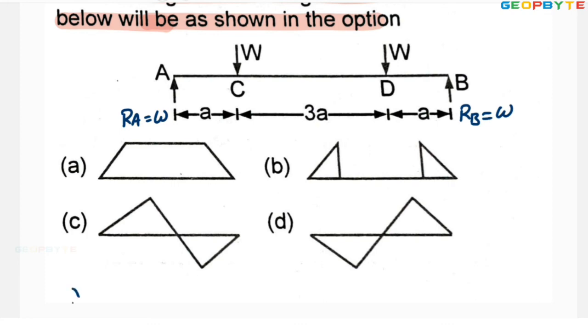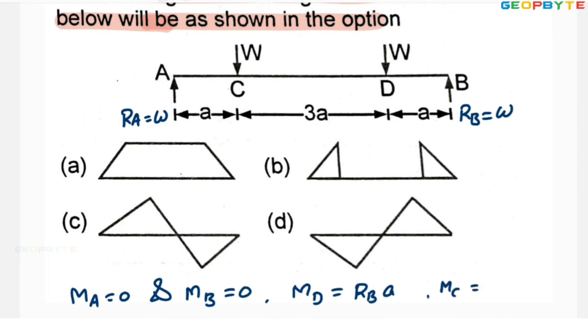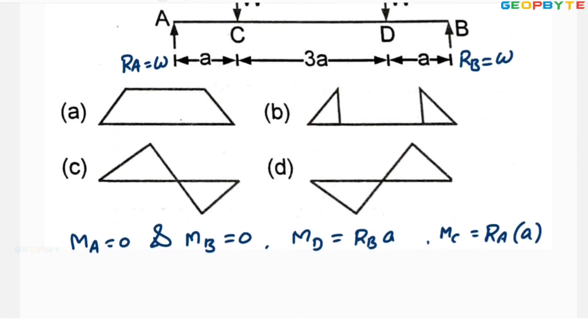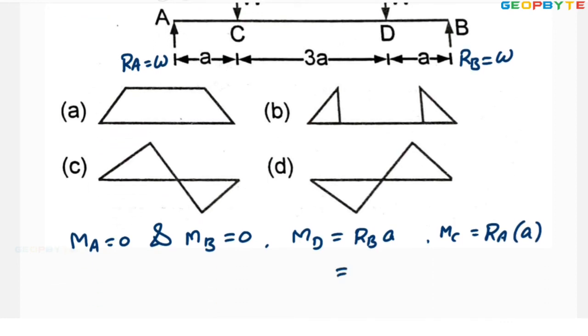Then bending moment at A equal to 0 and bending moment at B equal to 0. Bending moment at D is equal to RB into A, and bending moment at C equal to RA into A. But RB equal to RA, W into A, this one also equal to W into A. Bending moments are remaining same.